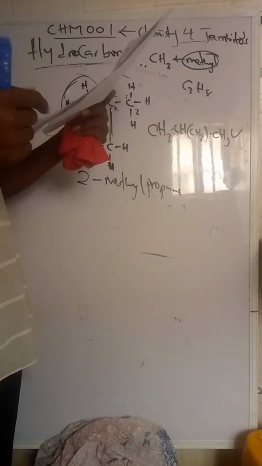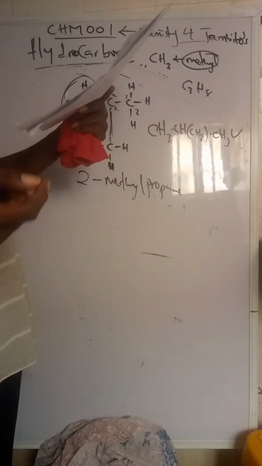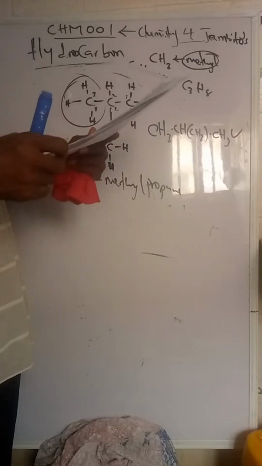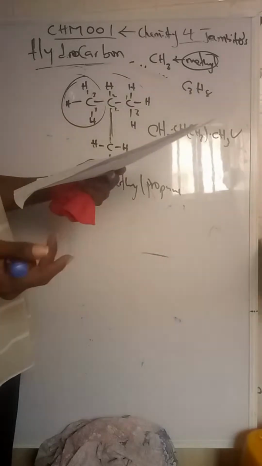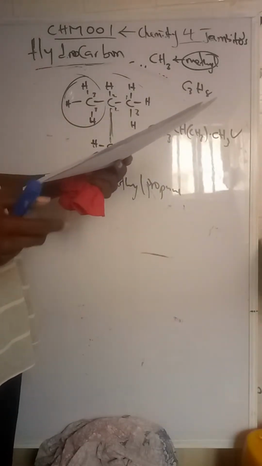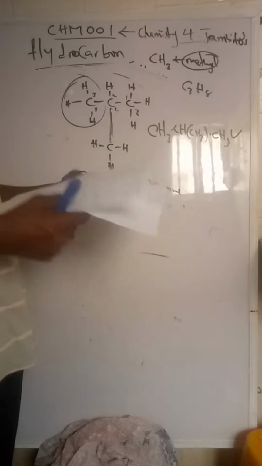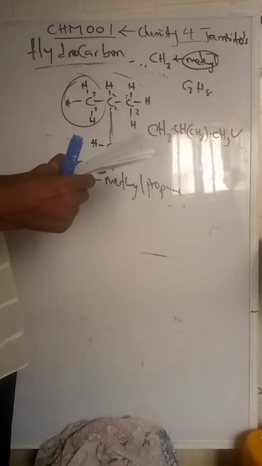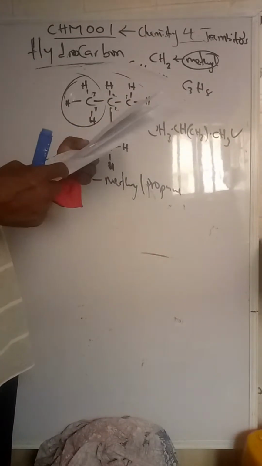Then the direction chosen is that which gives the side chain the lower number. So it's just three rules of nomenclature we have. So that is the instruction you should follow when you want to name. So I've done this, we don't have time. So now let's move to reactions of alkanes.